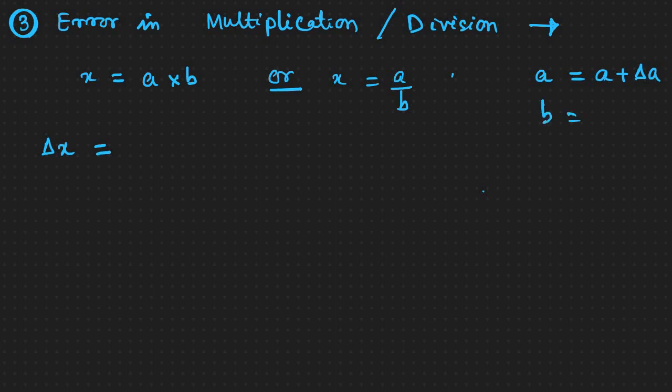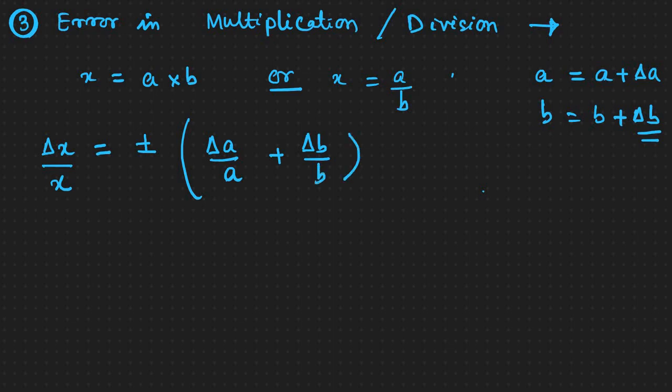Similarly for b it would be b plus del b, which is the error between measured value and true value. So if we take a ratio it would be easier. Del x by x will be equal to plus minus del a by a plus del b by b. This would be the relative error in case of multiplication and division.